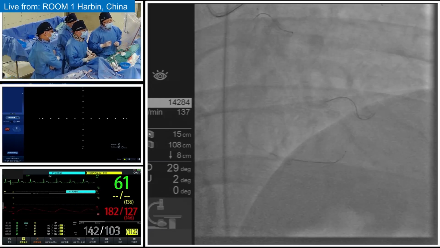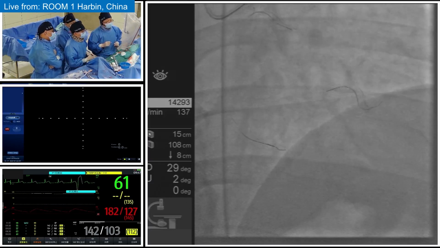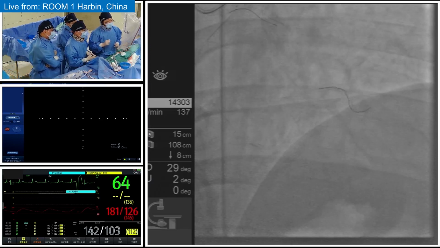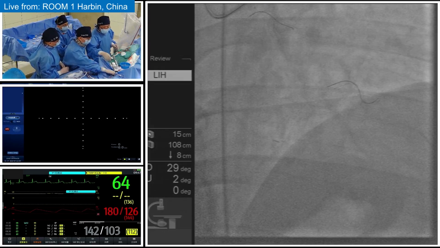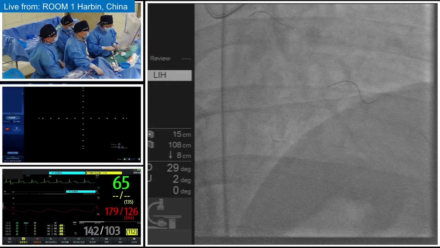Because from the bilateral angiography, there is no very clear CC level 3 or above collateral channel. Okay, do a super selective angio. Contrast, please. More, a little more.